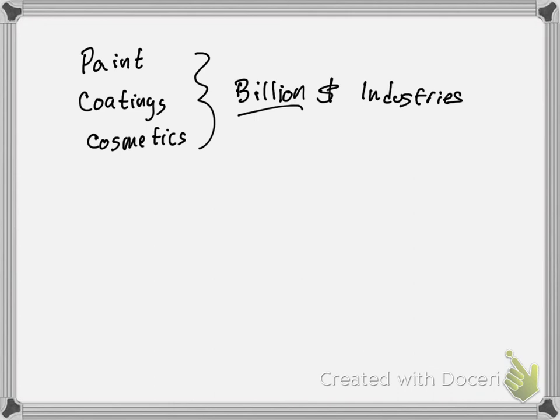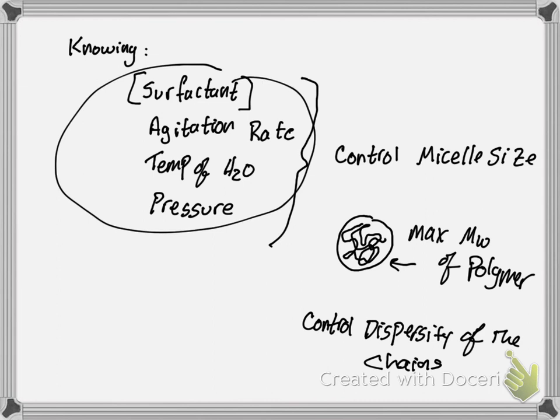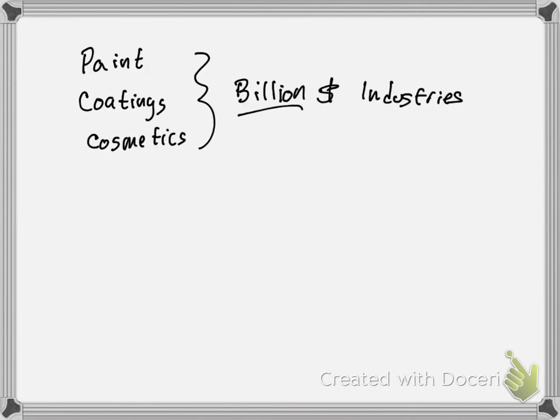All of them use emulsion polymerization for what they do. Now, for me personally, once you get into all of the factors that go into making that important, my eyes blur and glaze over and I don't really understand it. So, how do you get your high polymer outside of that droplet?